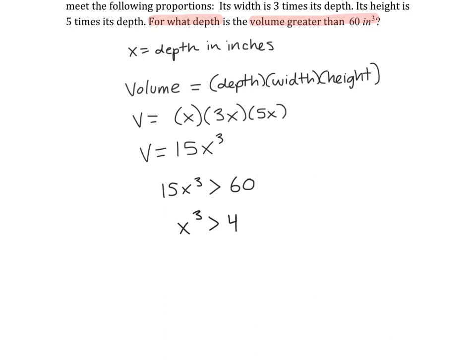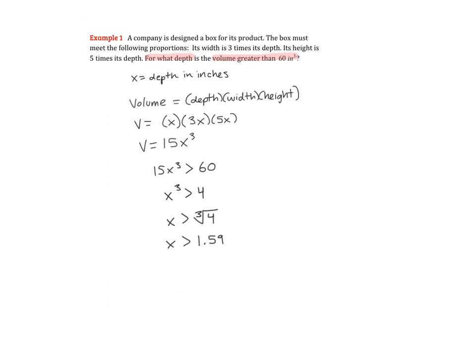And from here, we can take the cube root of both sides. x is greater than the cube root of 4. So I'll plug that into our calculator to get a decimal approximation, which is roughly 1.59. And now we need to make sure that we have a complete answer. So they say, for what depth is the volume greater than 60 inches cubed?